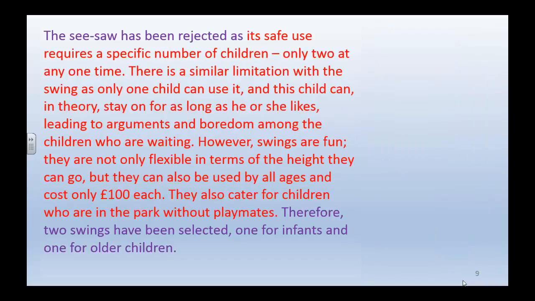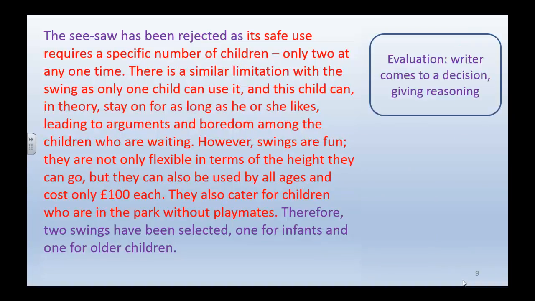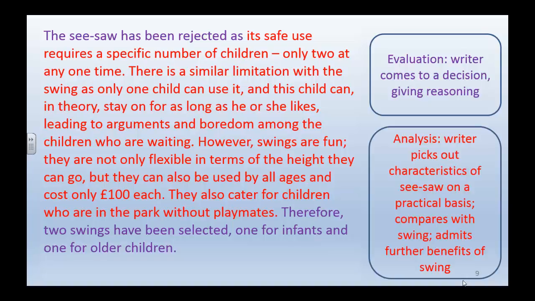The advantages and disadvantages of the remaining items are then assessed. The writer decides that the seesaw is too limited on a practical basis, as only 2 children in theory can play on it at a time, so it's rejected. The benefits and drawbacks of the swing are then established, i.e. it's popular and fairly inexpensive, and children who go to the park alone can play on it.